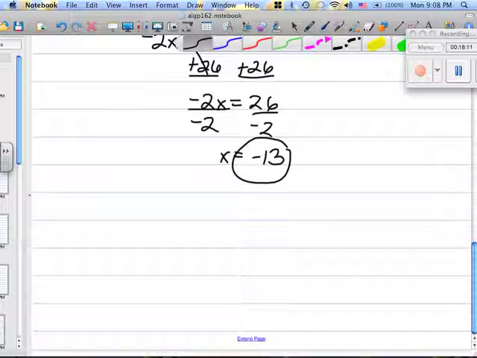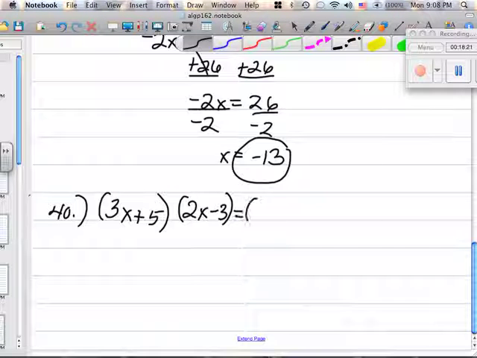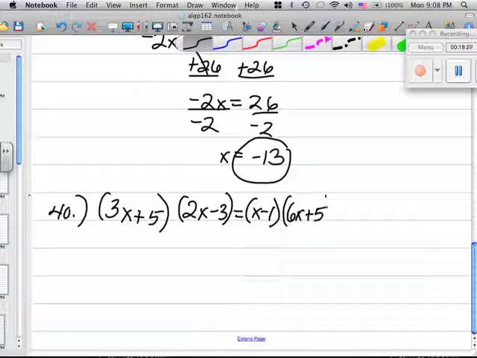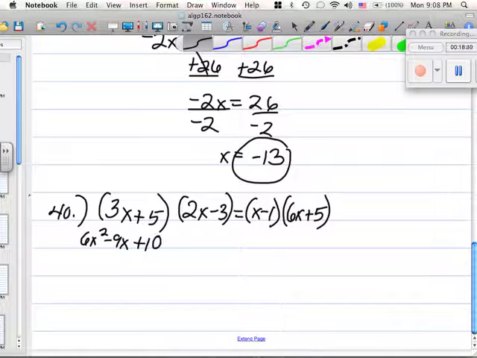And problem number 40. You have 3x plus 5 times the quantity 2x minus 3 equals x minus 1 times the quantity 6x plus 5. Using FOIL, we get 6x squared, outer term negative 9x, inner term plus 10x, last term negative 15.